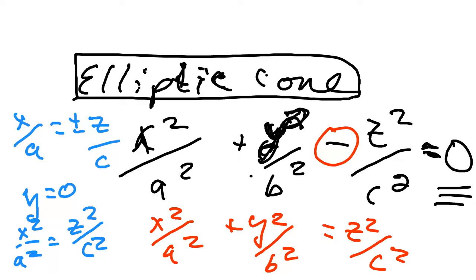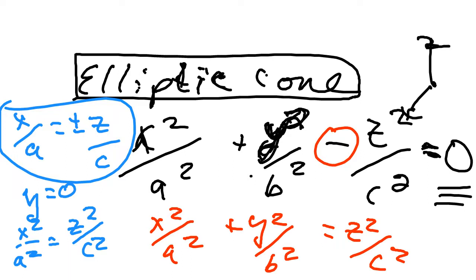Well, this is just a line. So long story short, when y equals 0, we get a line. Here's the z and the x, and we get a line that's both positive and then negative.